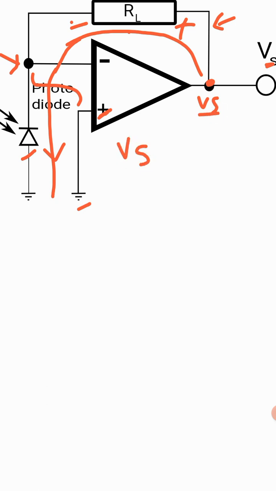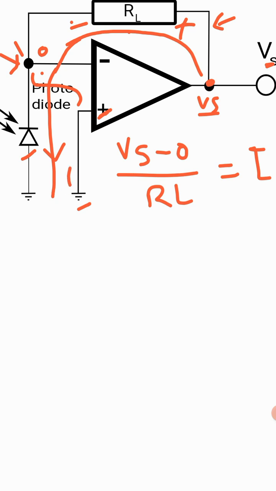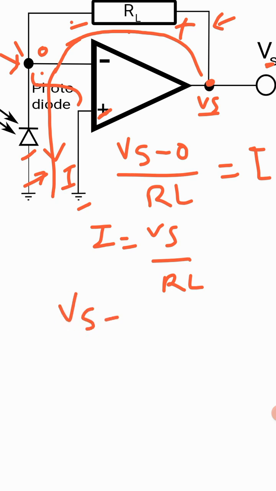This is Vs minus 0 volt at this node, divided by RL, which is equal to this current I, the current I that we just showed. So I is equal to Vs over RL, or you can say the output voltage is I times RL.